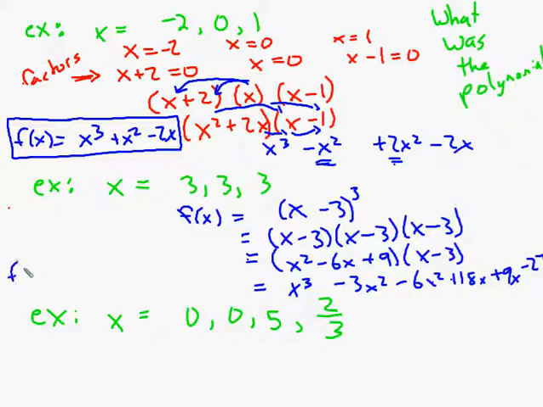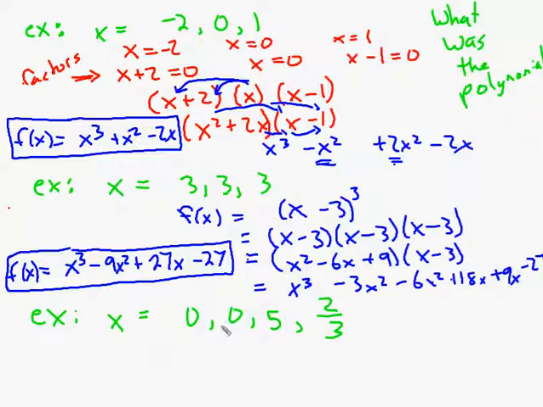So my f of x after I combine my like terms is x cubed minus 9x squared plus 18x. I have like terms, don't I? So 18 plus 9, 27x minus 27. And that is my polynomial.